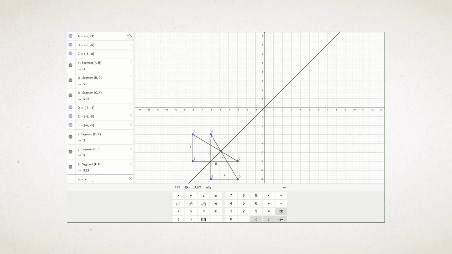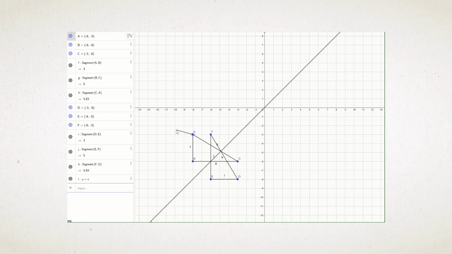It is kind of rotating, if you will. A goes to D, B goes to E, C goes to F. It's not just a simple rotation. It's actually a reflection. All right, well, Shazam.